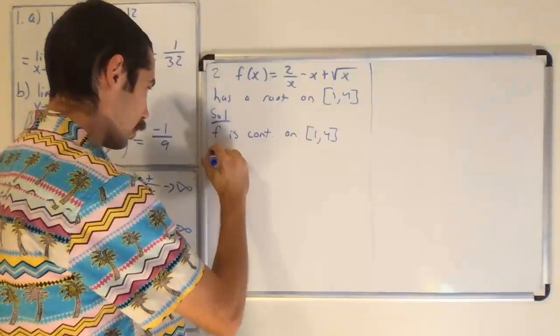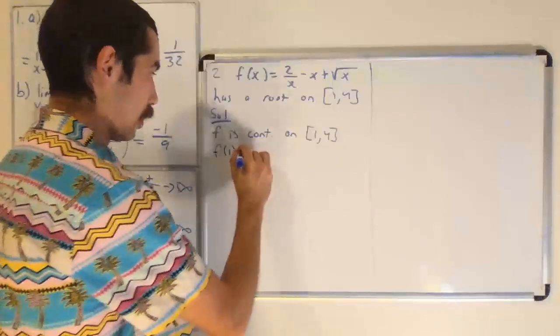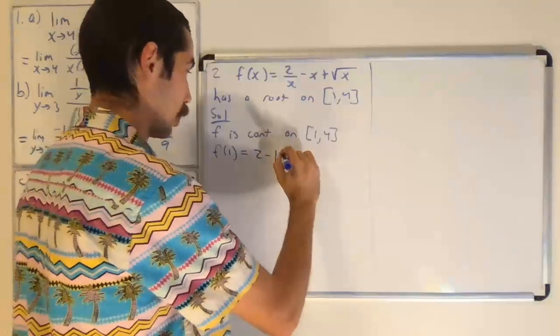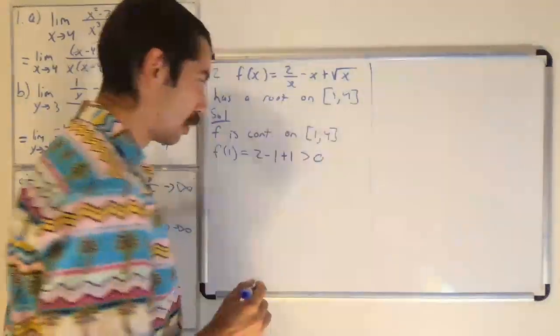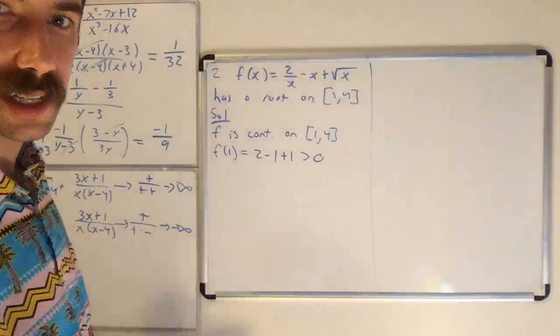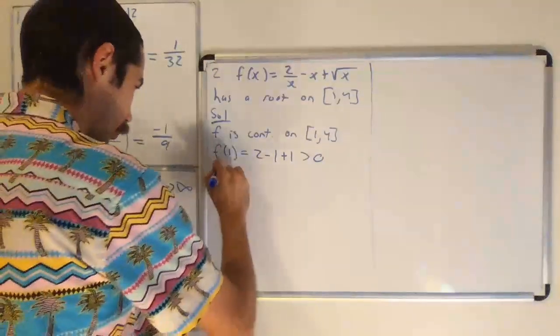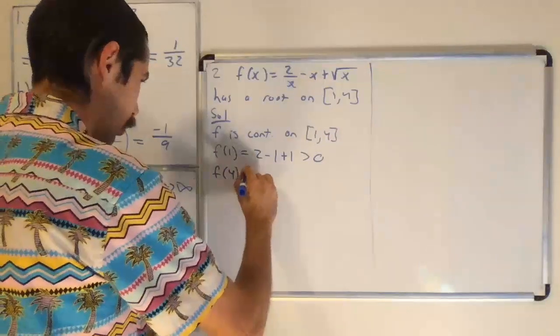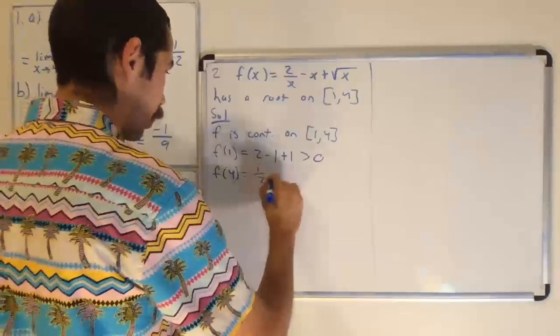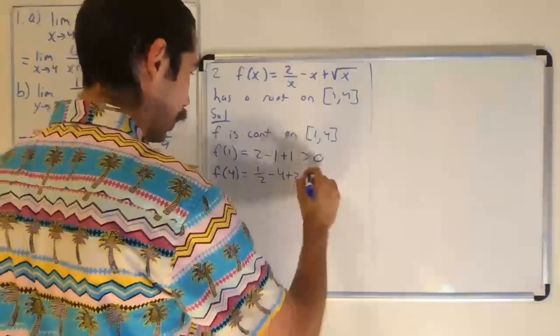So let's start with f of 1. That's equal to 2 minus 1 plus 1, which is definitely positive. We don't care what the number is, we just care if it's positive or negative. F of 4 is equal to 1/2 minus 4 plus 2, and that's negative.